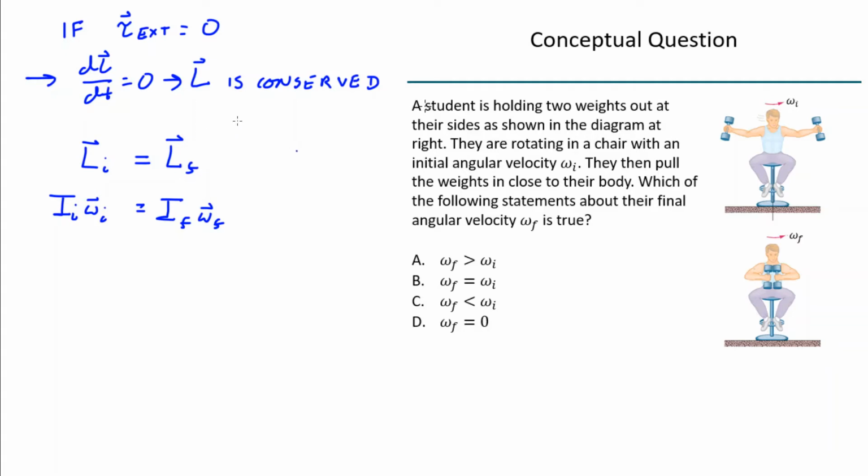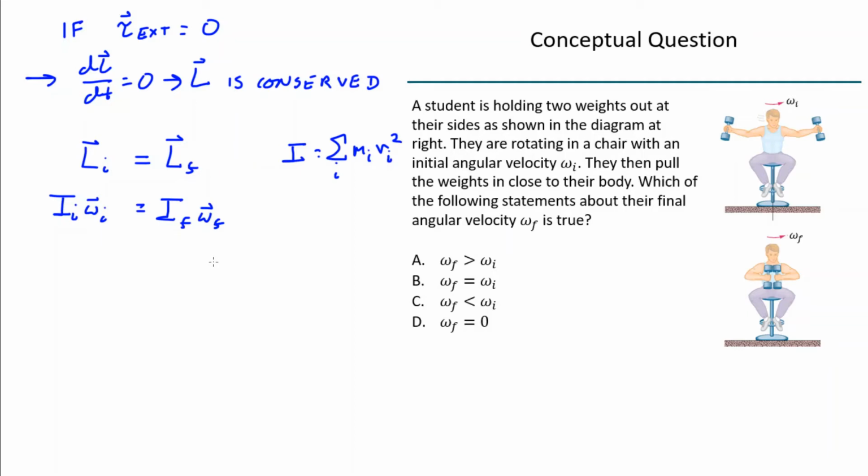The moment of inertia of a system, I, equals, well, one way we can write it is as the sum over some index i of all of the m_i r_i squared. So I add up all the masses times their distance from the center of rotation squared, and I get the moment of inertia. So as they pull these weights in closer to their body, their moment of inertia changes.